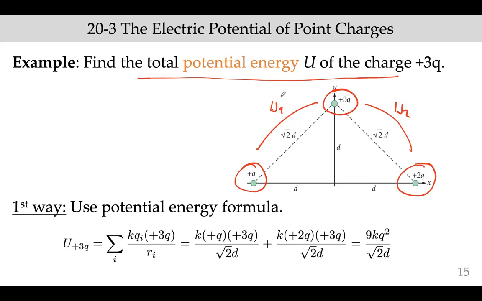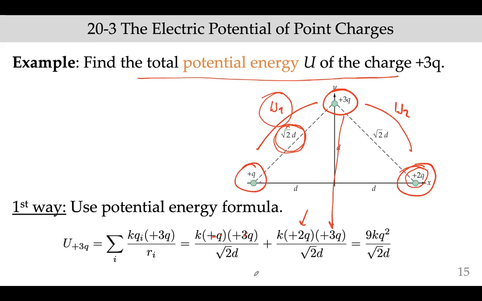So for this one, it's going to be 3q times q divided by the distance, square root 2 times d. If you have a triangle like this, d, and this becomes square root 2d. And for this pair, it's going to be 2q here and 3q, again divided by square root 2d.